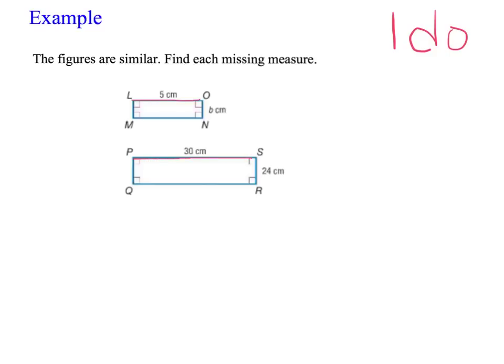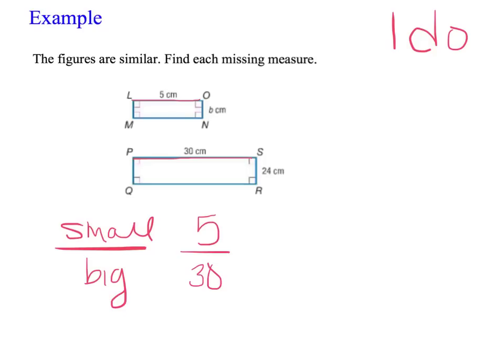LO is going to correspond to PS. So we're going to do small to big. If you write small to big, it will help you remember what you're comparing. So I'm comparing this small guy of 5 over 30 equals that small guy of B to the big guy of 24. And I'm going to solve that proportion.